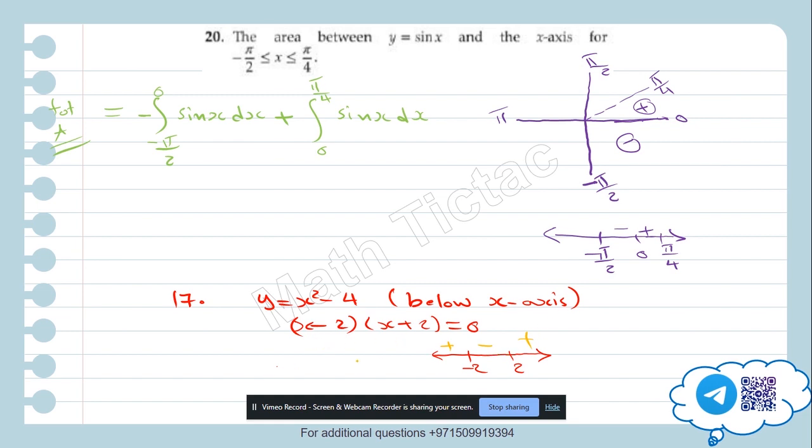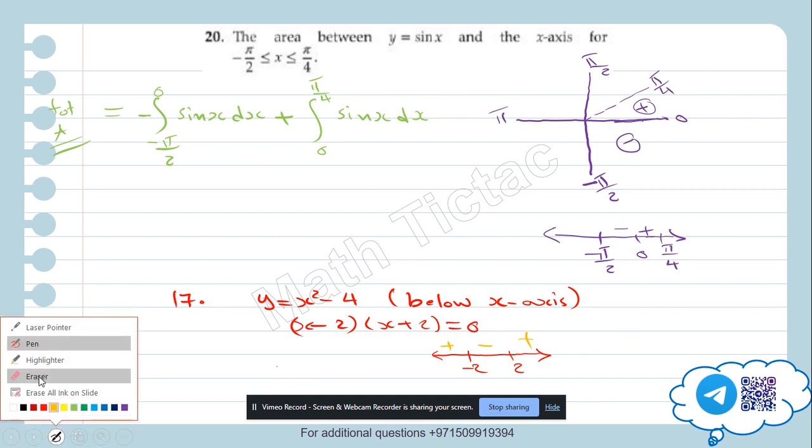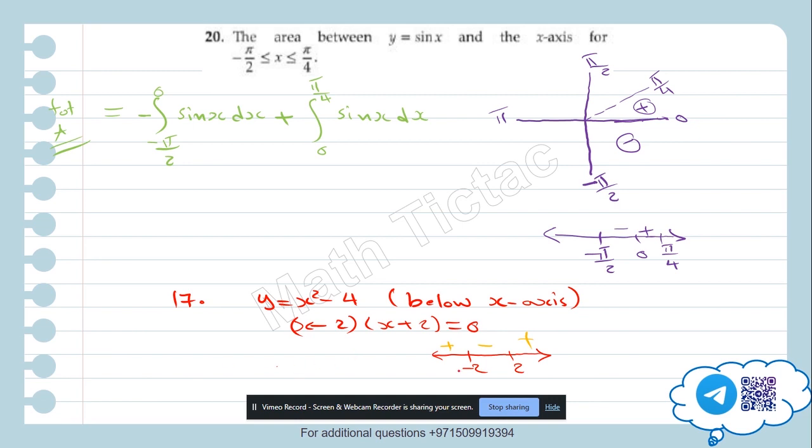So in here, they say that we need the area below the x-axis, which is the negative. So I will take this negative. So it will be the integration from minus 2 to 2 of x squared minus 4 dx. Since I know it's negative, then I'll put a minus sign, because I'm calculating the total area.